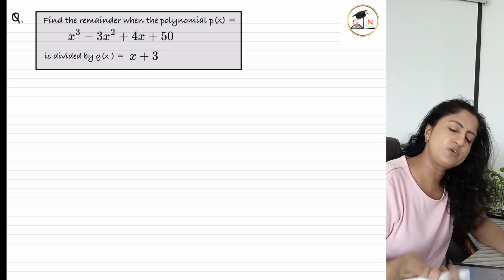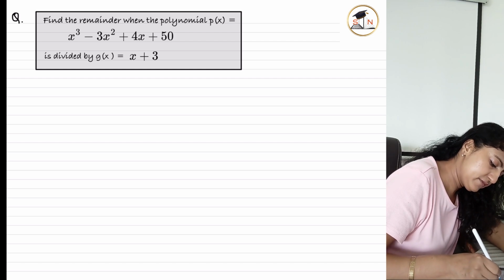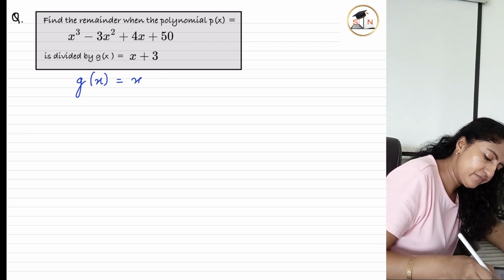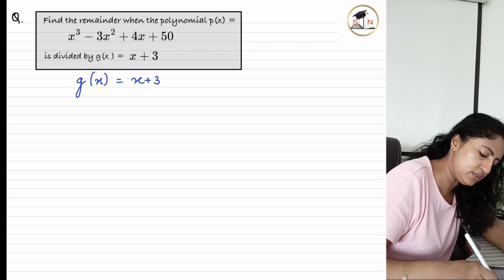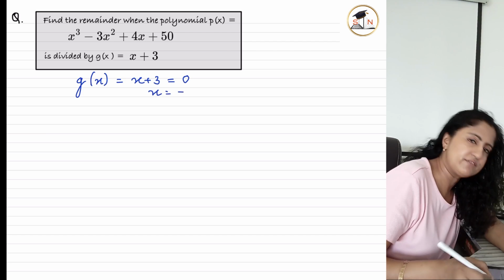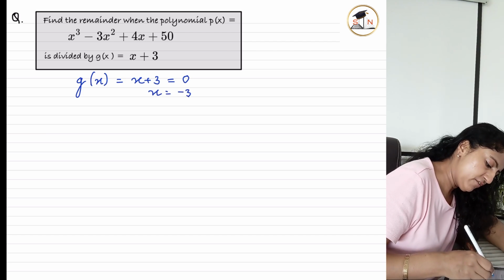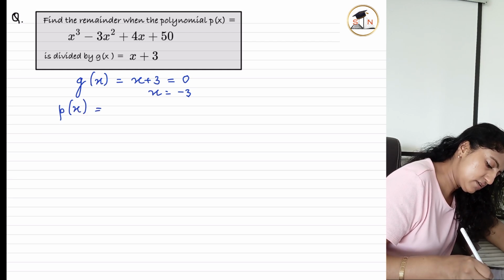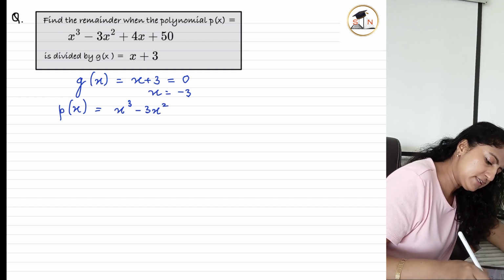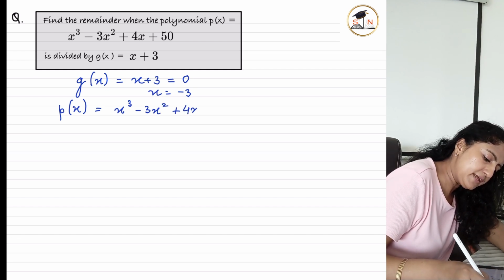Okay, so the method is going to be absolutely the same. g(x) equals x plus 3. Now, the first step, equating it with 0, that leaves us with x equals negative 3. Okay, now we will rewrite the polynomial, which is x cubed minus 3x squared plus 4x plus 50.